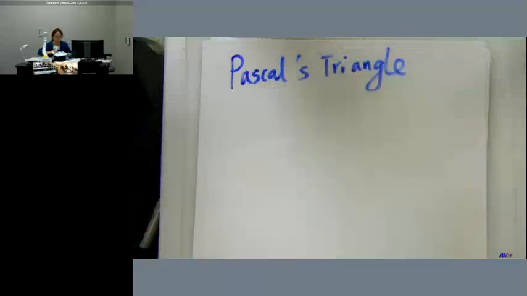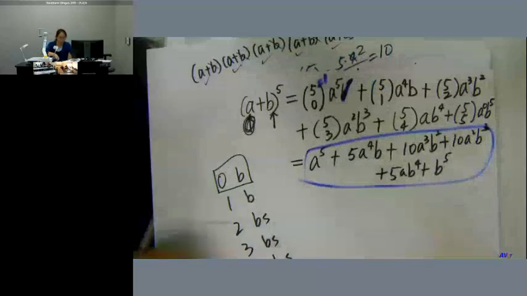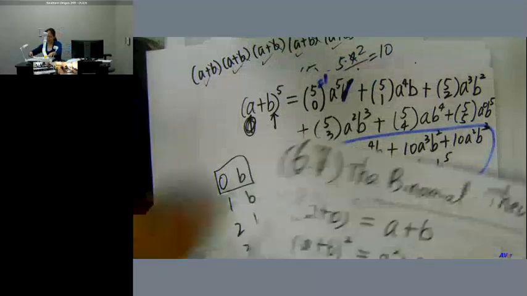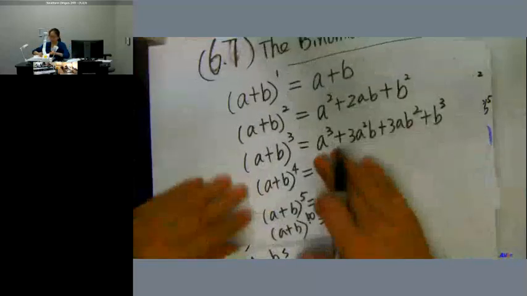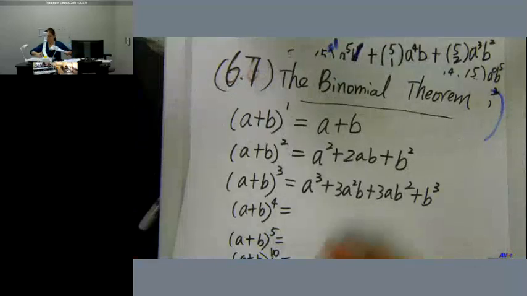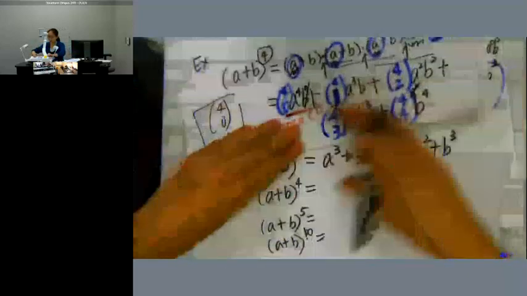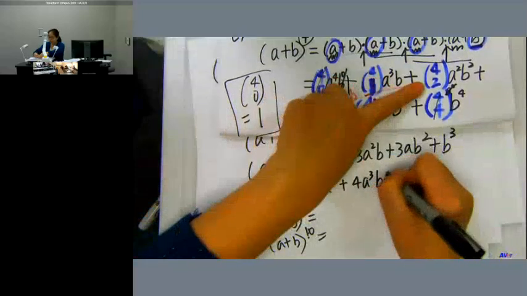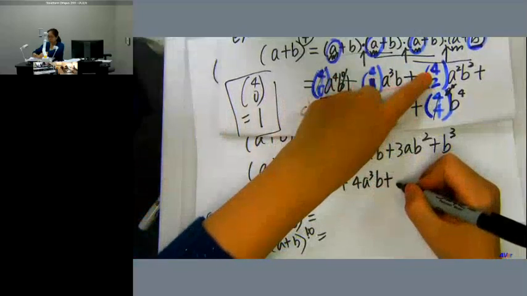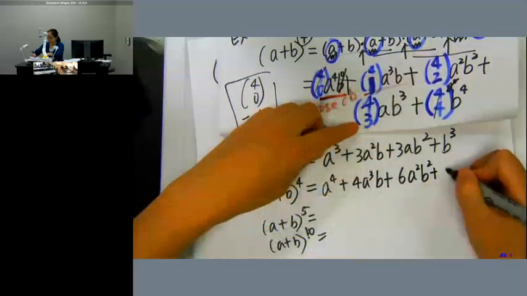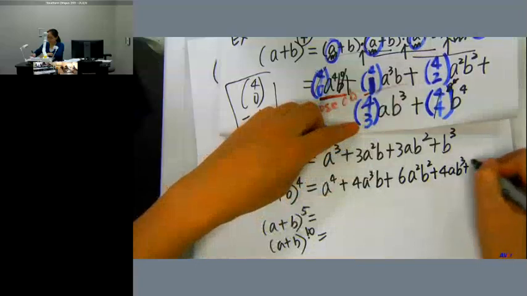So James noticed the numbers in front of them. Let me go ahead and put down the answers for all of those. You see, there's kind of a pattern there. So a plus b to the fourth, which is what we did before. Let me write down the answer here: a to the fourth plus 4a cubed b plus 4 choose 2 is going to be 6, a squared b squared plus 4ab cubed plus b to the fourth.